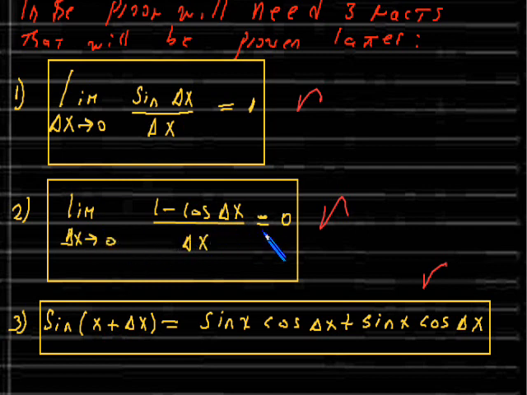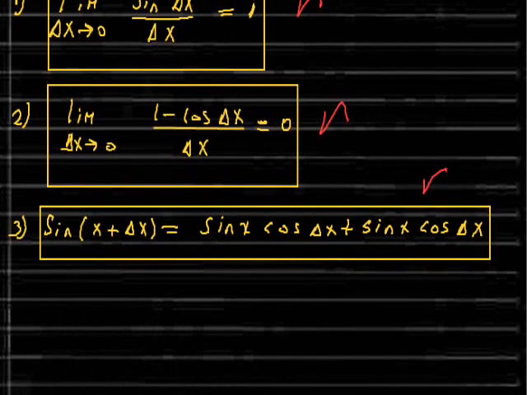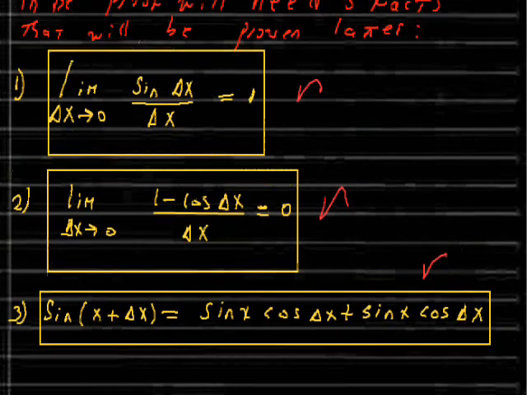We saw that on the graph, and it's not a proof that I gave you, but for this presentation it will be fine. Now I want you to believe the sine addition identity for sine of x plus delta x. So now that we have done that, we're going to go to the next page and begin the proof of this fact.